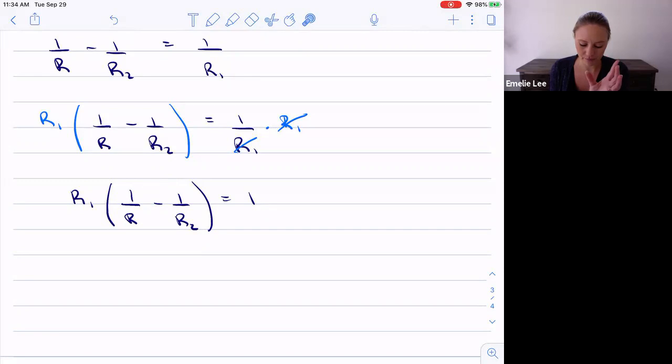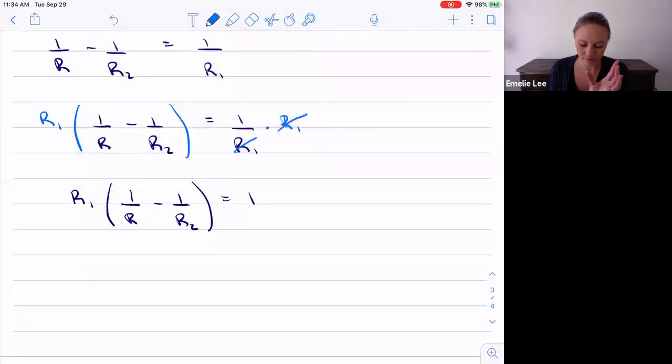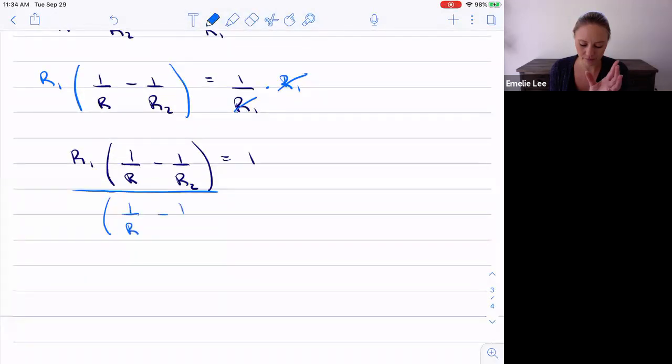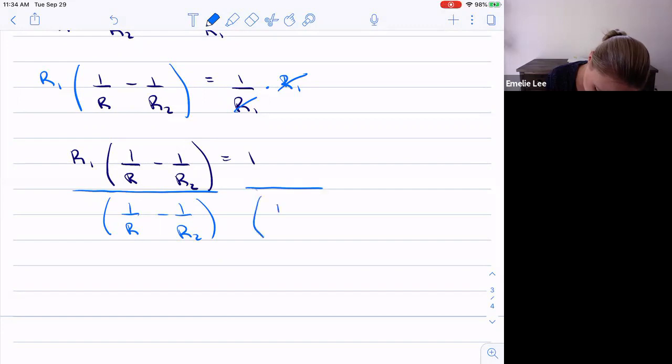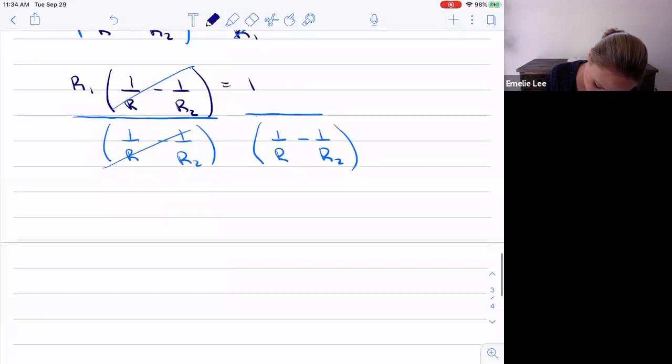So what I'm going to do here is 1 over R minus 1 over R2, and then do the same thing on this side, 1 over R minus 1 over R2. These guys are going to cancel. So what I'm left with is R1 on the left-hand side.